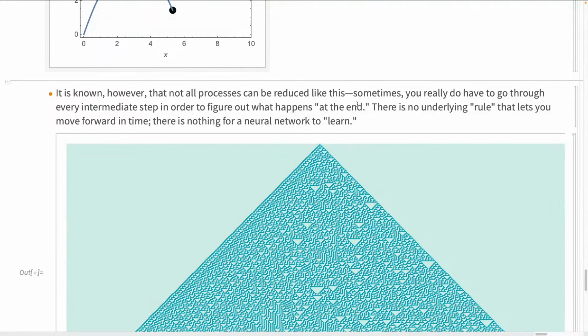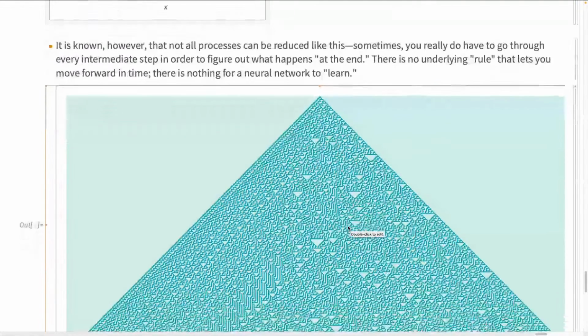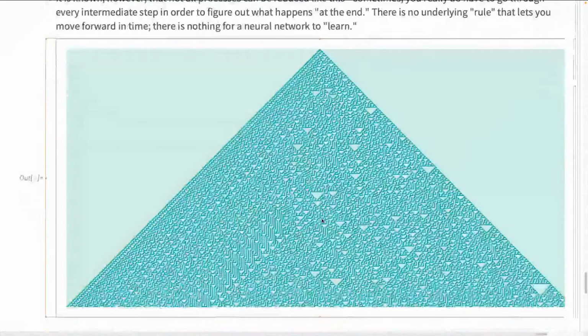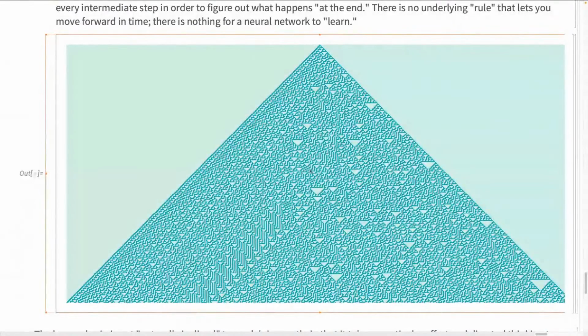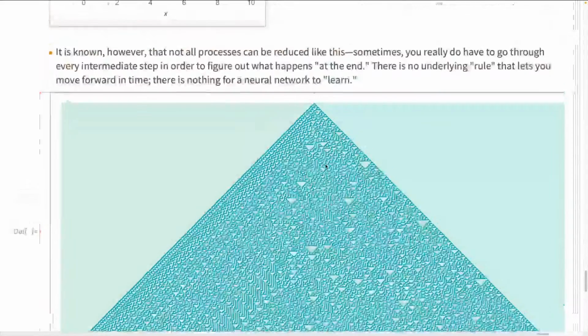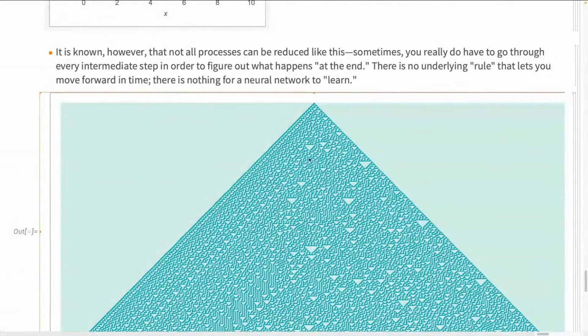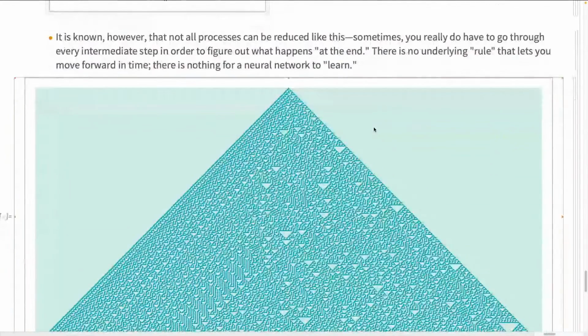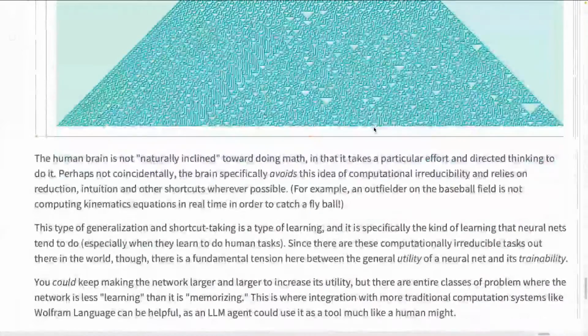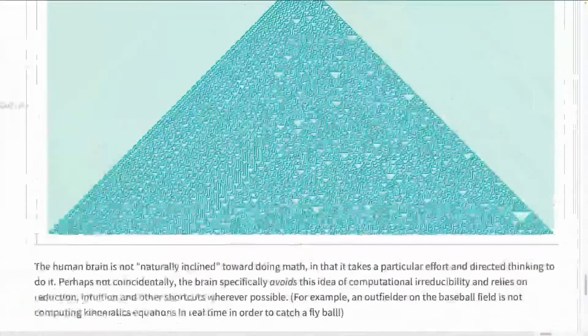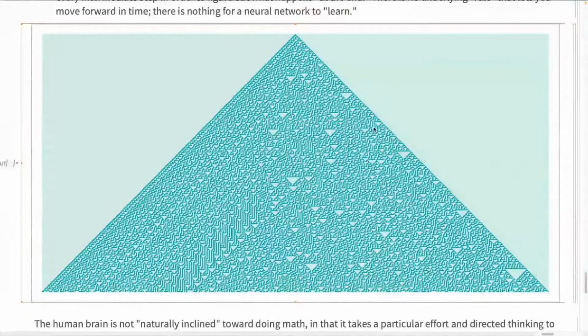People who have been paying attention to Wolfram for any amount of time will probably have run into cellular automata. So here's an example where it looks like there's an interesting structure. But the point is, even though there are simple rules to this thing, which I enumerate in a later talk, they don't let you skip forward in time.